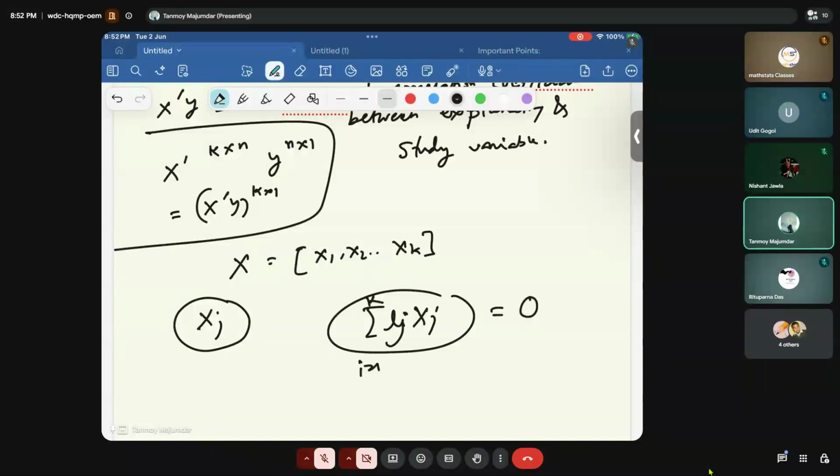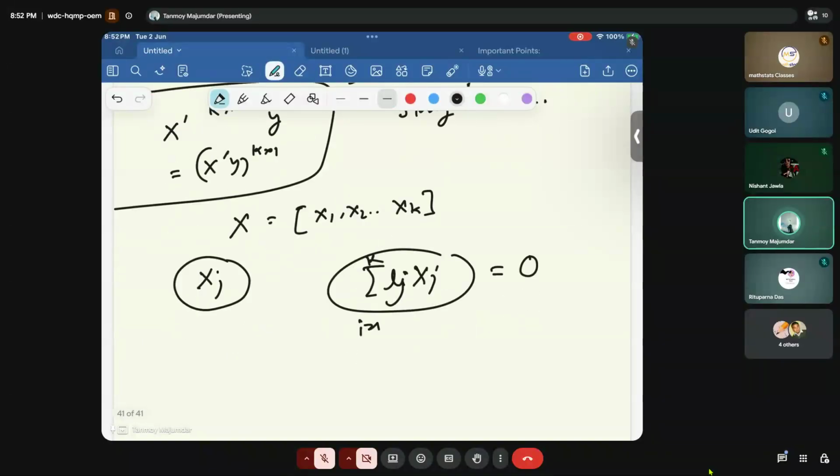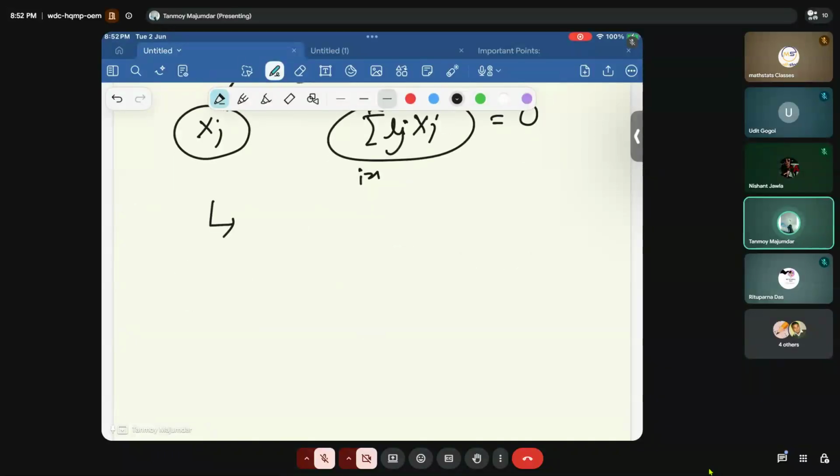If it holds, that implies the columns are linearly dependent, and that implies rank of x dash x is less than k.